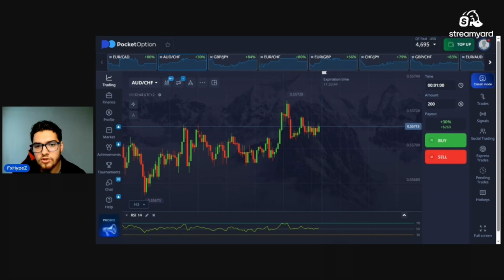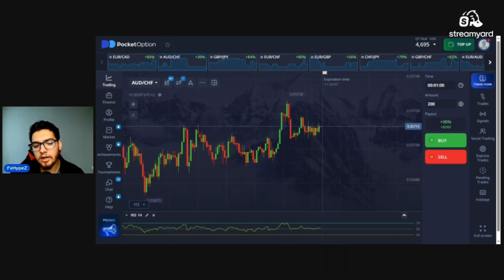There's a mismatch between price and the RSI, and this mismatch basically tells us that momentum is weakening. This signals a potential momentum shift, a reversal or a pullback, whatever you want to call it. And we can use this to our advantage.